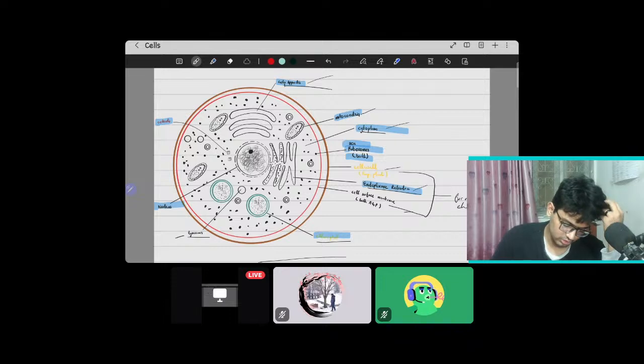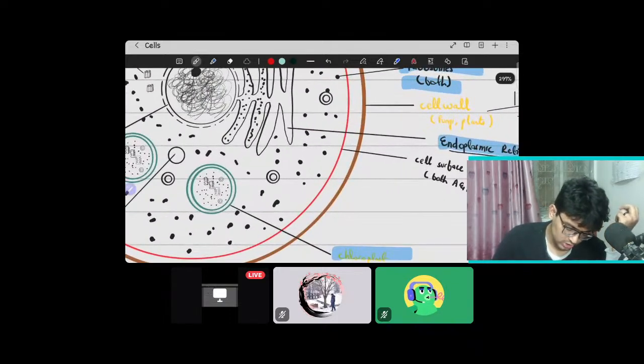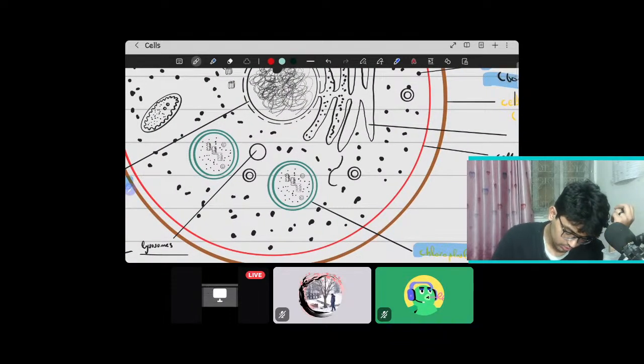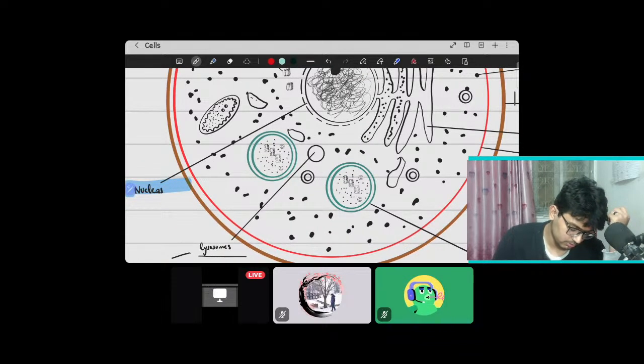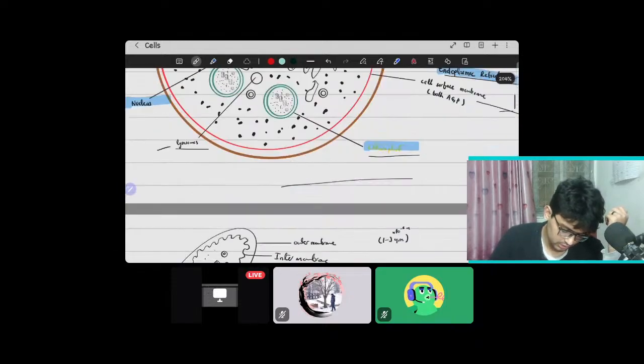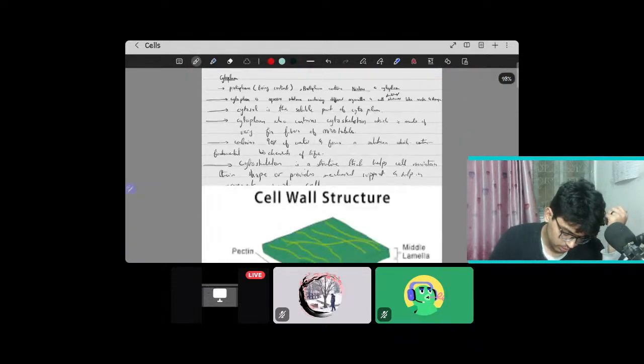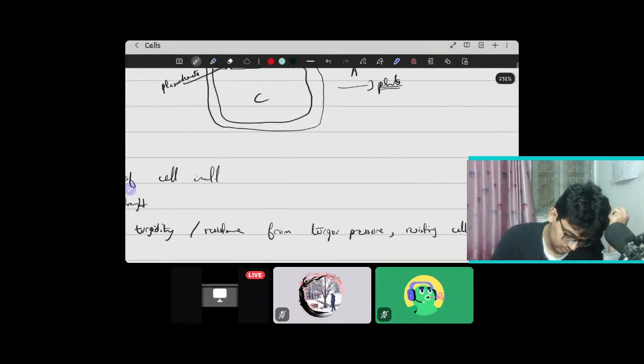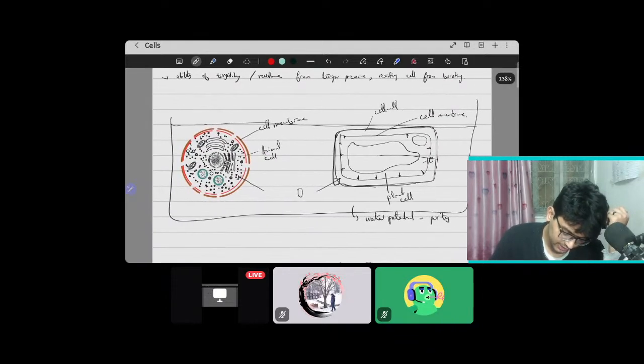Now, have I explained everything? No, I haven't. There is one thing more left, which is that there are different small parts, and in plants there is a bigger part which is called a vacuole. So this is a vacuole.